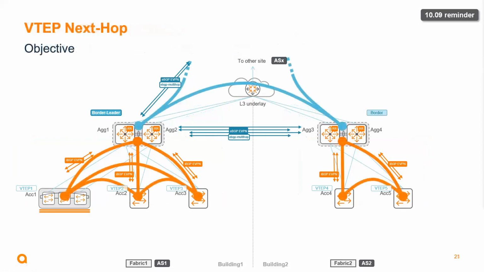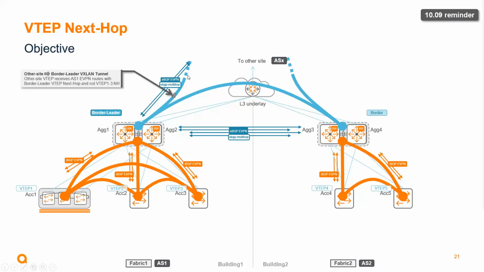So let's move on and talk about the next stop objective for the VTEP. This is, again, just support for the discussion. This is for, let's say, the other side on the top of the picture here that wants to reach Fabric 1.